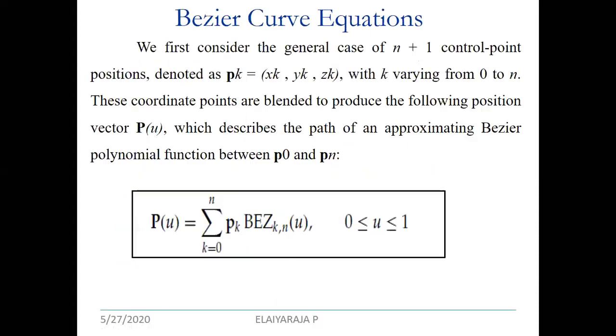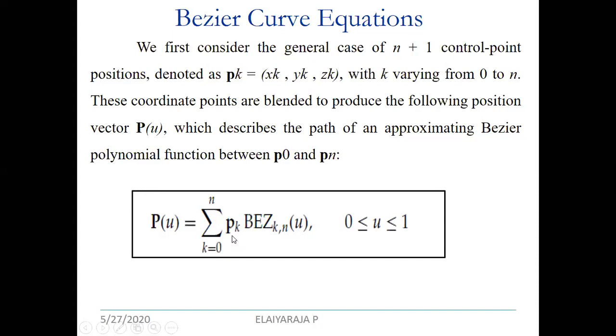That's between 0 to 1. As I said, the summation of the control points that you use in the Bezier polynomial function runs from k equal to 0 to n, where the degree of the polynomial is the number of control points minus 1.